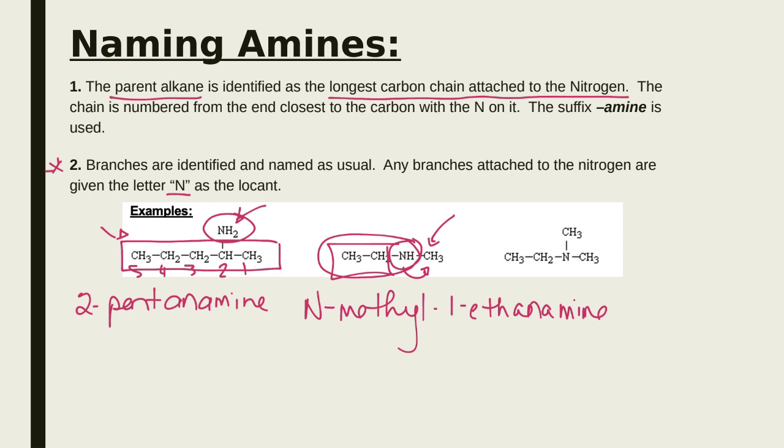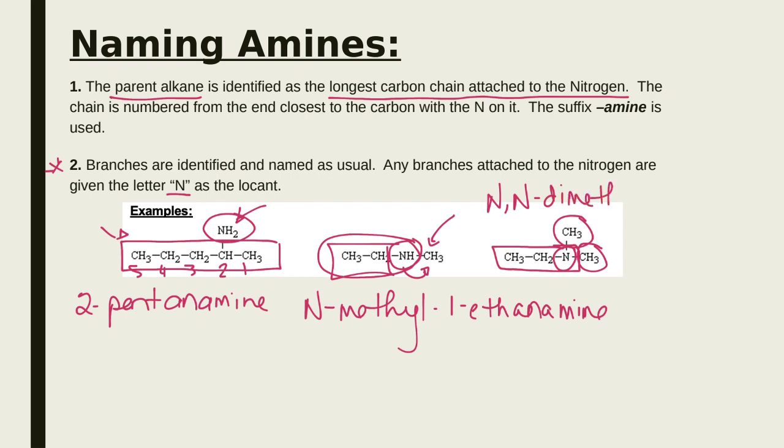Let's look at this last example. Again, there's my nitrogen in the middle. I want to find the longest carbon chain that is attached to it. So again, I'm going to be talking about an ethanamine. And then any branches: there's a branch on the nitrogen, and then there's another methyl. So when we name this, we're going to say on the N, and again on the N, I have 2 methyl groups.